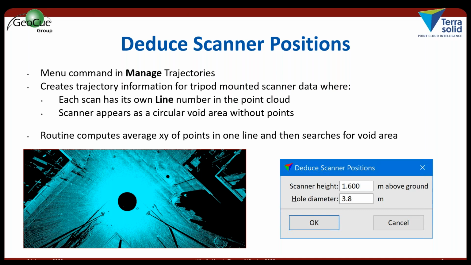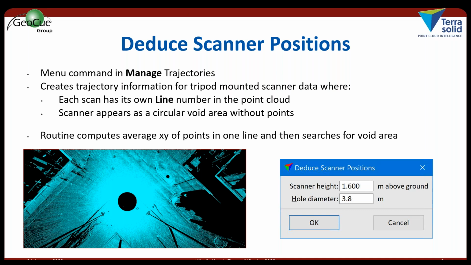What was added into TerraScan in the past year is the ability to compute this information, as long as each scan has a unique line number. For tripod mounted systems, it's very important that we know each scan, in the same manner that we want to know each flight line with airborne or each drive pass with mobile.